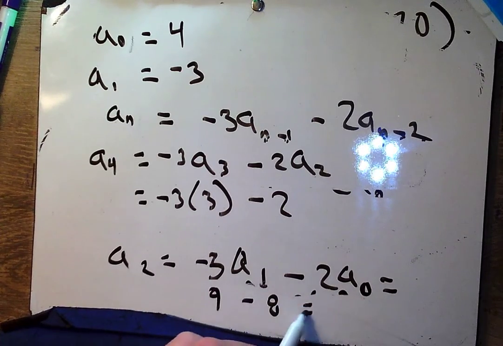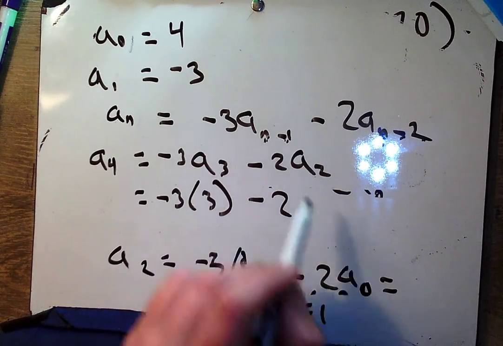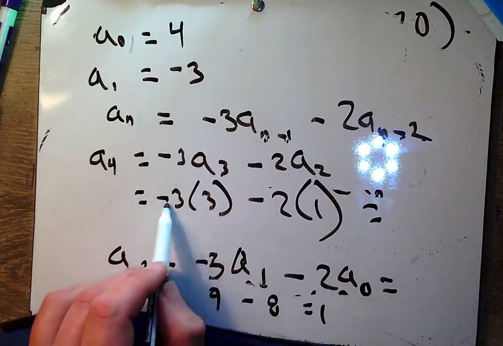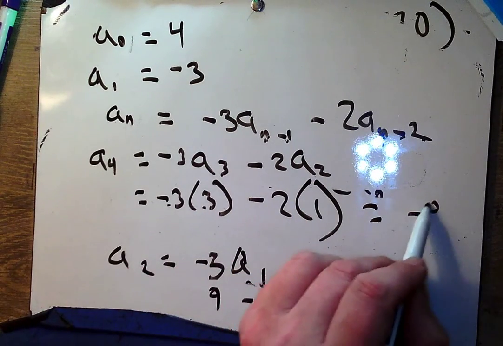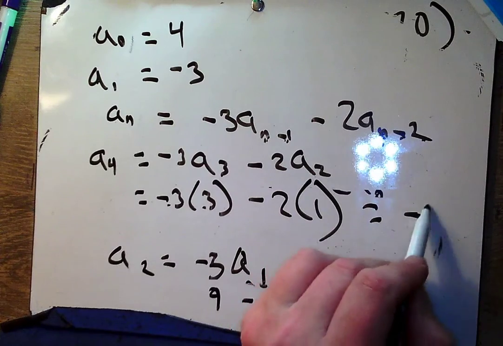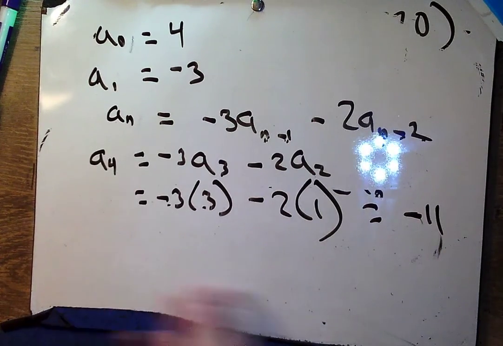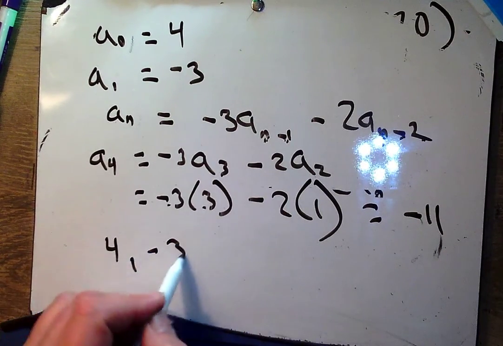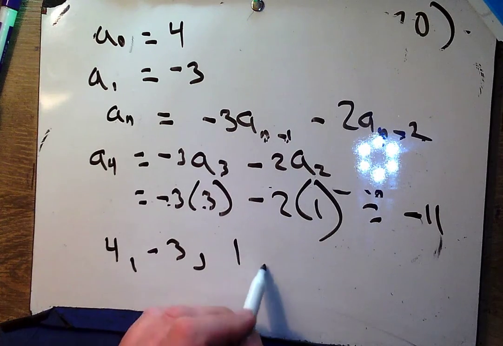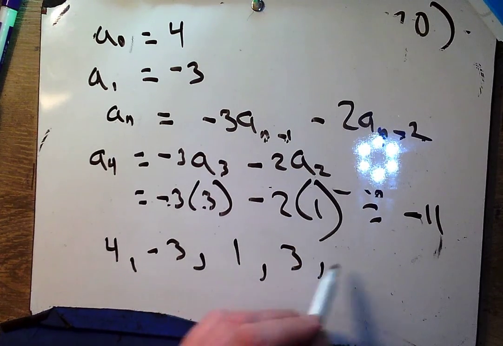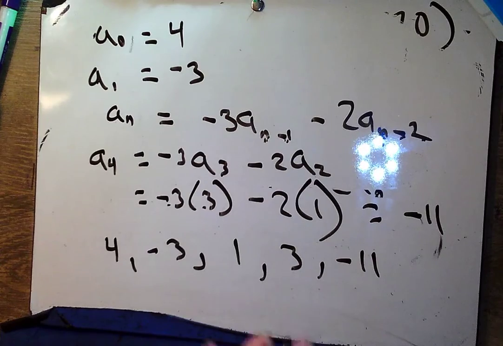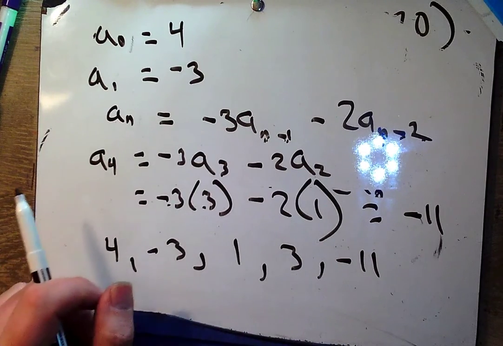That's 8. So, we got 1. So it's negative 9 minus 2 is negative 11. So 4, negative 3, 1, 3, negative 11. I think that's what I just found. First 5 terms. This is some freaky terms.